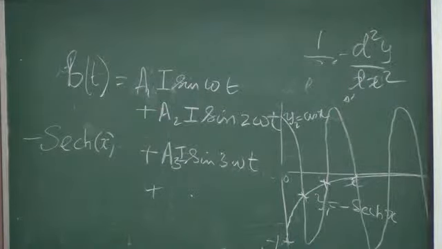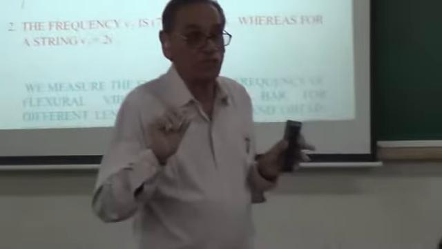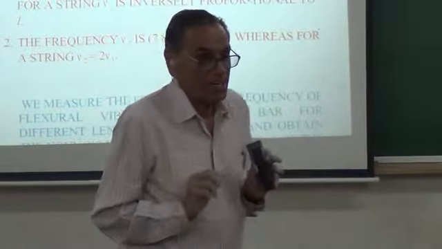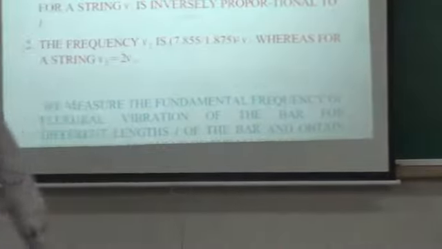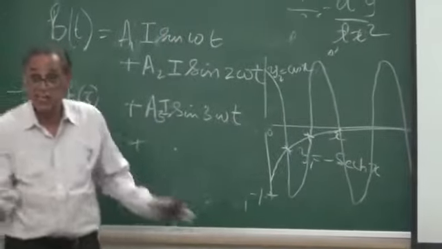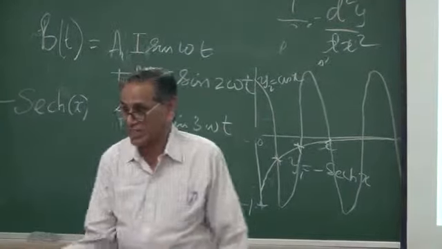So the bar is forced at different frequencies: omega 1, a smaller force at 2 omega 1, still smaller force at 3 omega 1. The bar will resonate when any of these components equals omega naught, the natural frequency.